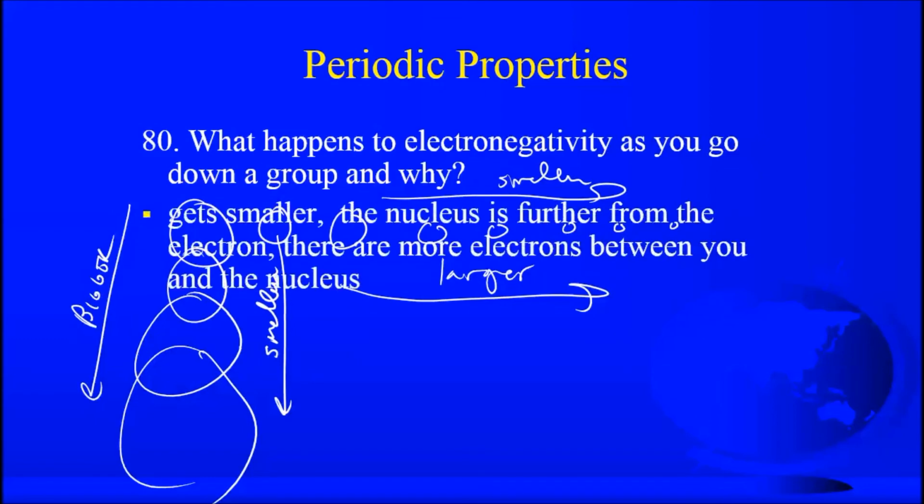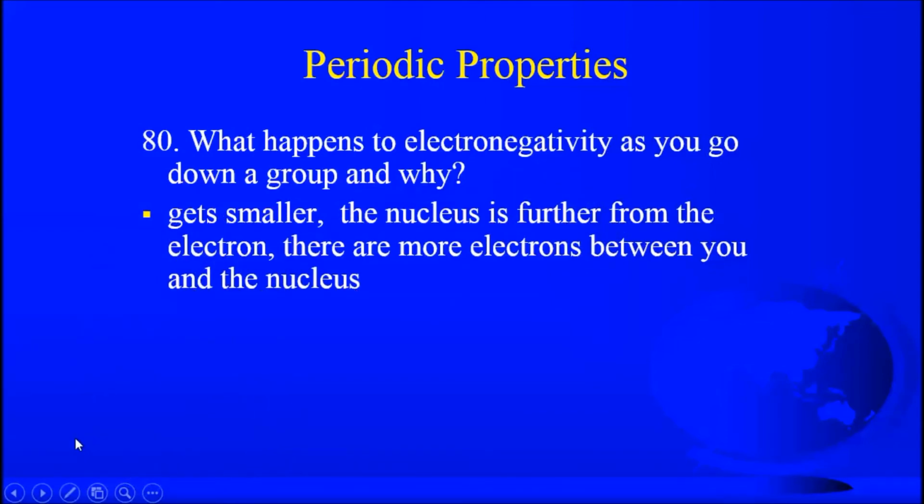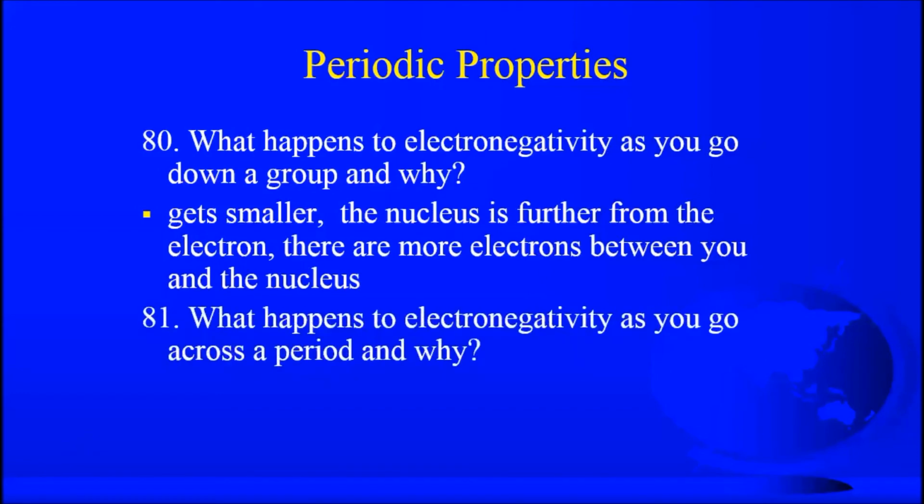So what happens to electronegativity as you go down a group, and why? It gets smaller because the nucleus is further away from the electrons.